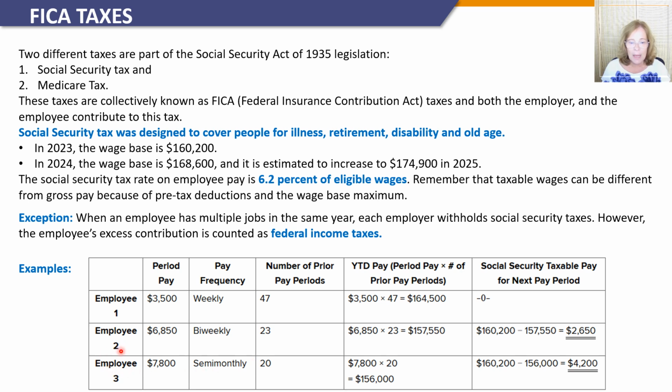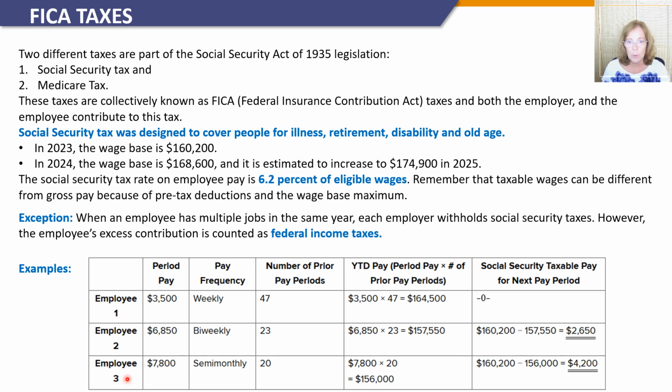Let's look now at employee number 2, who is paid a biweekly wage of $3,500 and has earned $157,550 year to date. We compare the year to date amount of $157,550 to the maximum amount and determine that for the current payroll period, period 24, only $2,650 are subject to Social Security.